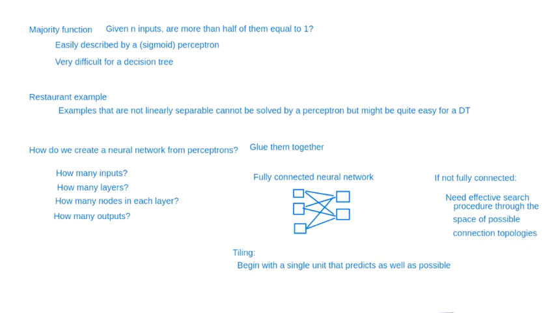And then you slowly add to it. You add new units to take care of the training data that the first single unit got wrong.